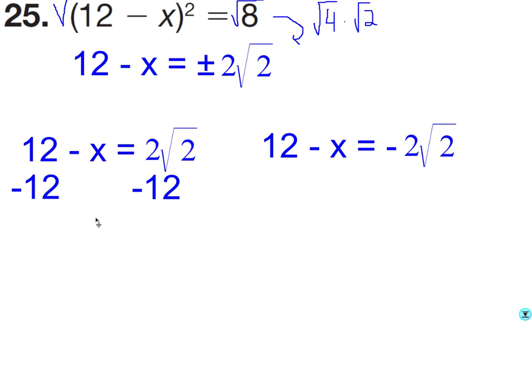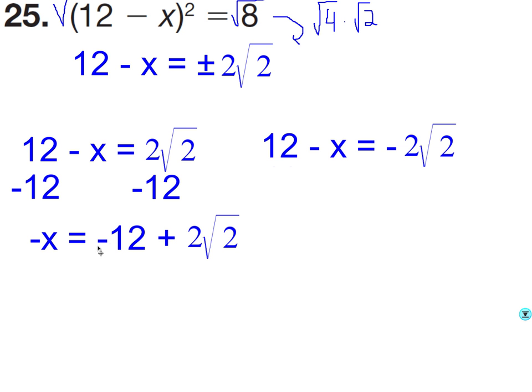So what you have to do is bring down your negative x equals negative 12 plus 2 root 2. So I cannot add those together or subtract them or anything. I can't do anything with them. I have to just leave it like that. Oh, wait a minute. The x is negative, so that's really not even my final answer yet.